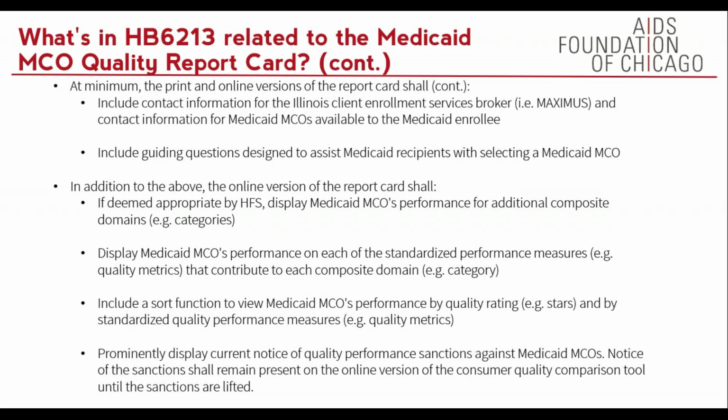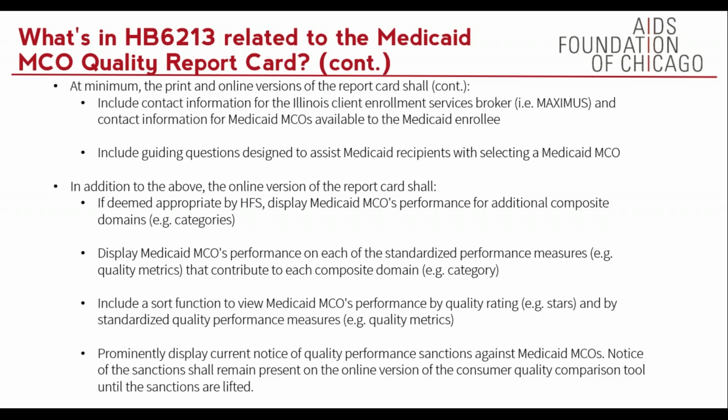And the other difference, or addition, sorry, is that the online version really should be in a place on the HFS website and on the Maximus, the Client Enrollment Services broker website, that's a prominent place and easy to find. Sanctions.